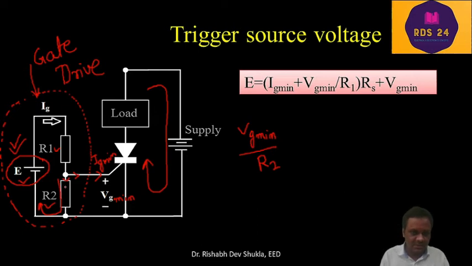This is the part of the current which is flowing towards the R2 side, and you have the IG minimum towards the SCR gate side. So the total current will be IG minimum plus VG minimum divided by R2.